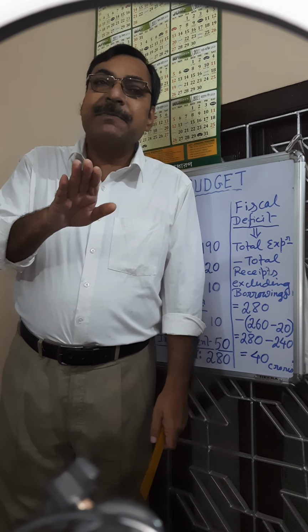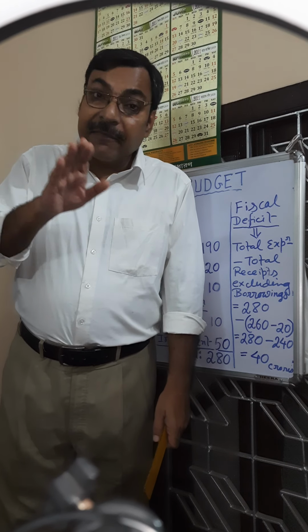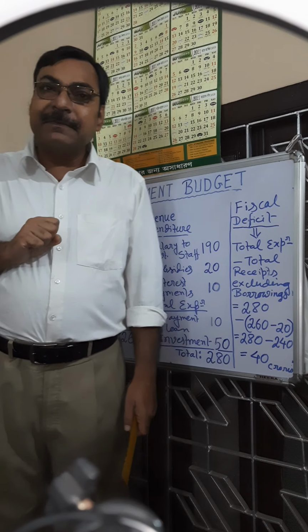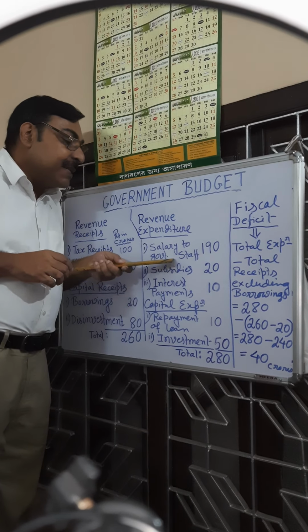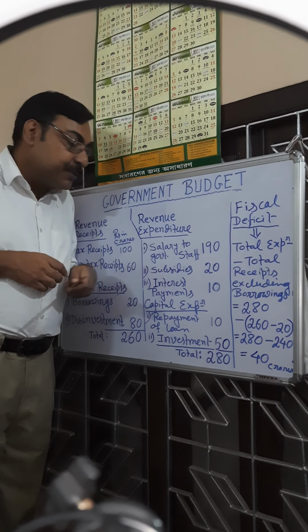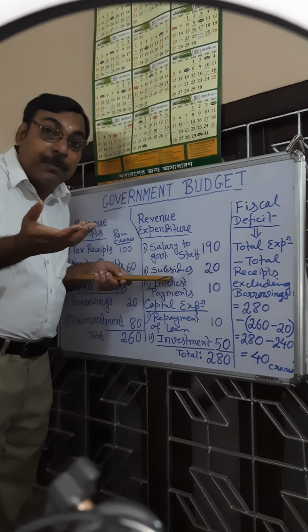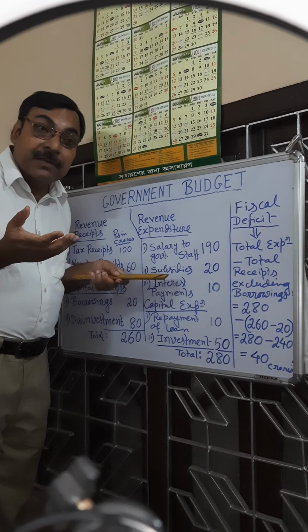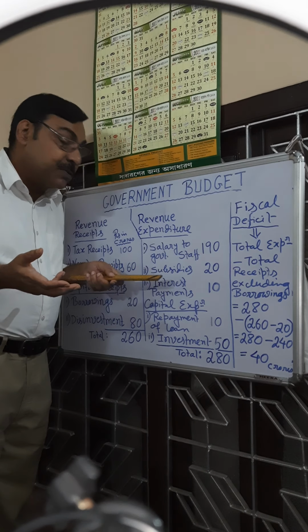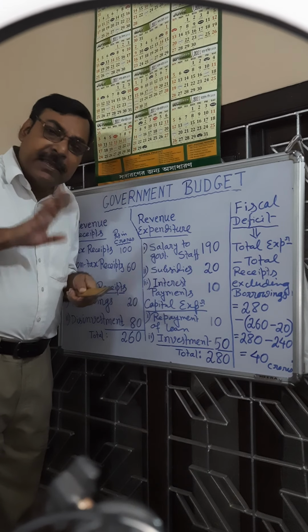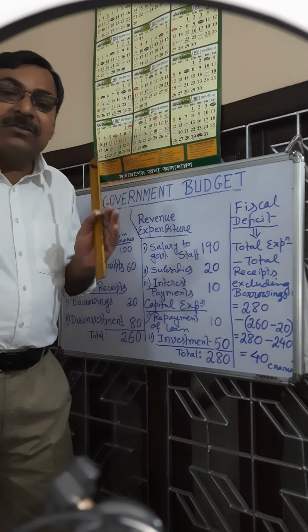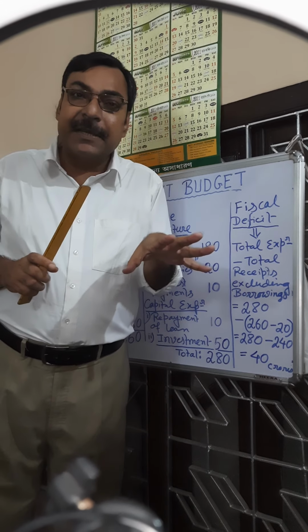If development expenditures cannot be curtailed, revenue expenditures can be curtailed. If government recruits less, then automatically salary to the staff will be reduced. The amount of subsidies may be reduced. If loans taken are less, interest burden will be less. In this way, government will try to reduce its expenditure.